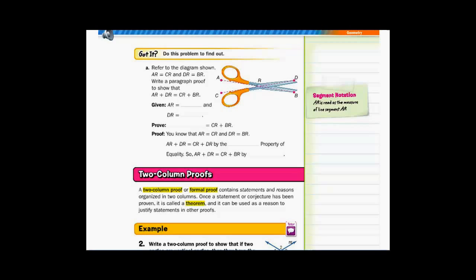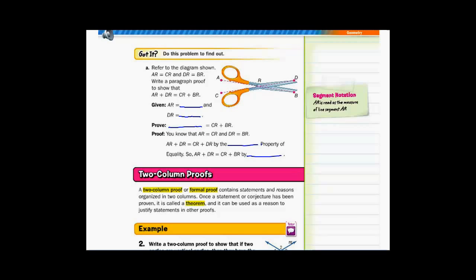Okay, so there are basically fill in the blanks that they're asking you to do. You've got to fill in the blanks here, here, here, all these blue lines. So this is what we're looking at. It says, refer to the diagram shown, AR equals CR, they're talking about the lengths of the segments there, and DR equals BR. Write a paragraph proof to show that when you add two of them together, you equal the other two.